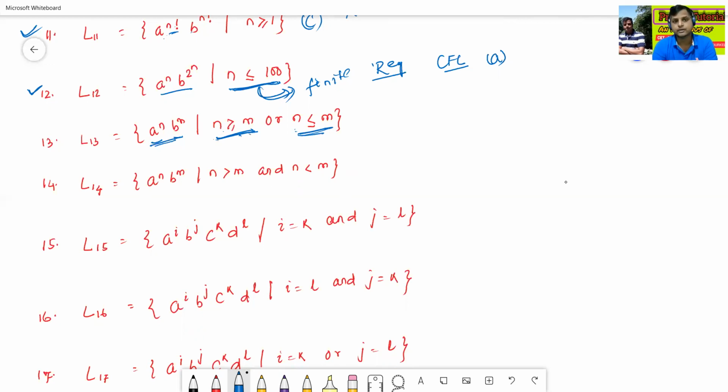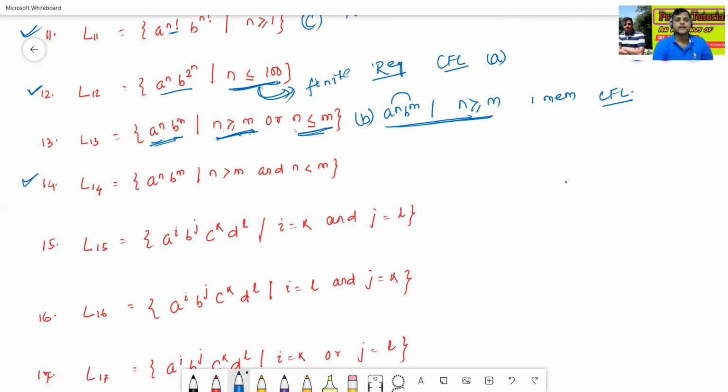So let me take n greater than or equal to m. This language is context-free because it requires only one memory. So it is context-free language but not regular, option B.